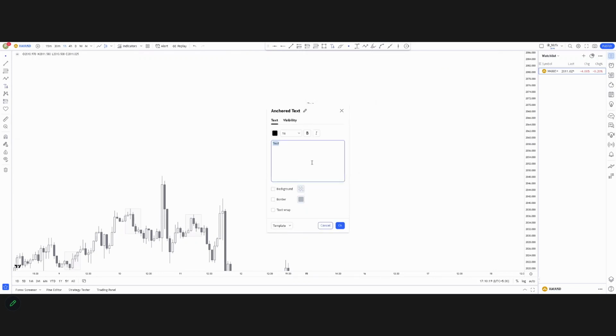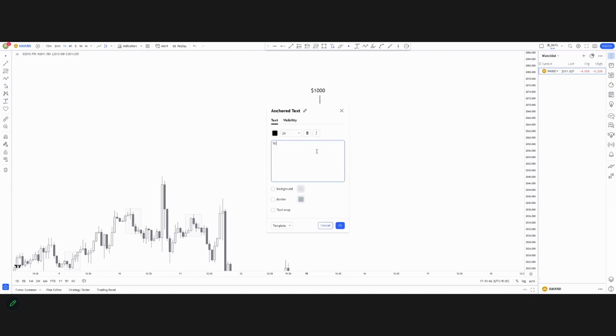Let's say you have a $1,000 account. Can you see this? Yes. So now you are in a drawdown of $500, which is 50%.